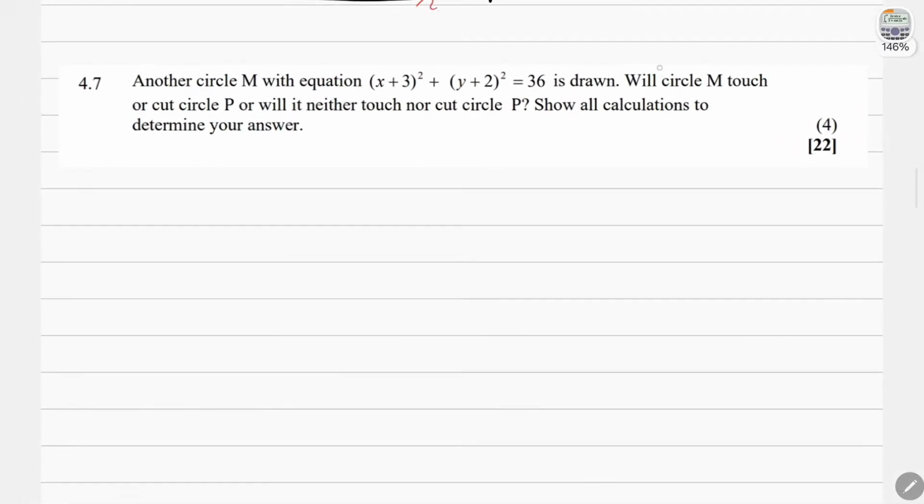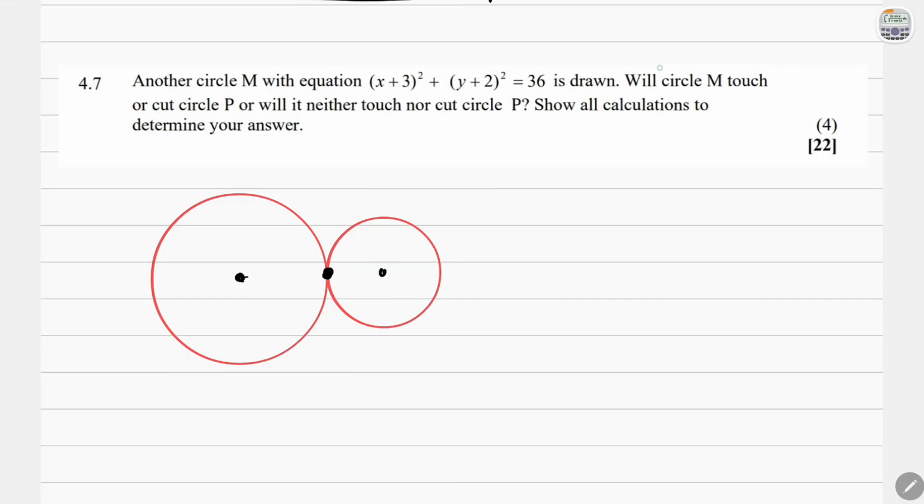Let's just speak about how circles intersect or don't intersect, or intersect at 2 points. So if you have two circles and they intersect at 1 point only, what's going to happen is that the distance between their centers would be exactly the same as the sum of their radii.